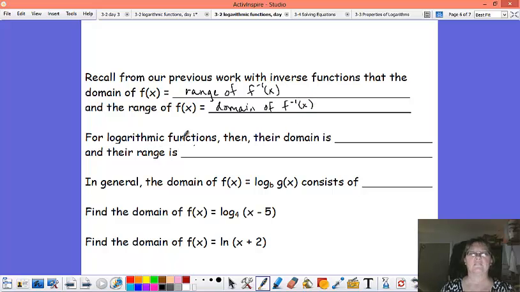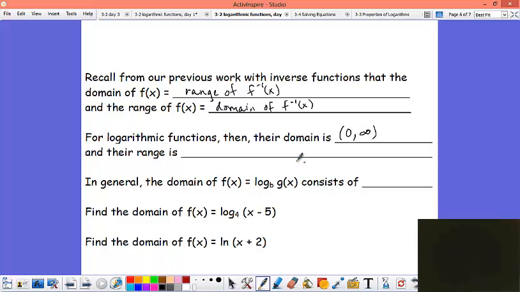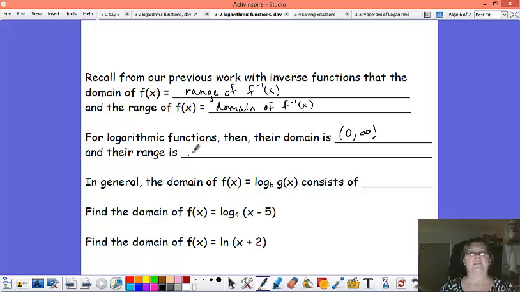So you think about that with logarithms then. For logarithmic functions, their domain is the range of an exponential. And exponentials, unless they've been doctored, have ranges that are greater than 0. Their range becomes the domain of the exponential function, and that means that since any number can go into an exponential, any number can come out of a logarithmic function.